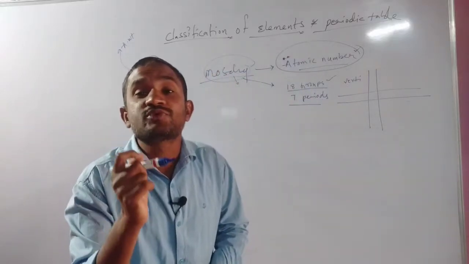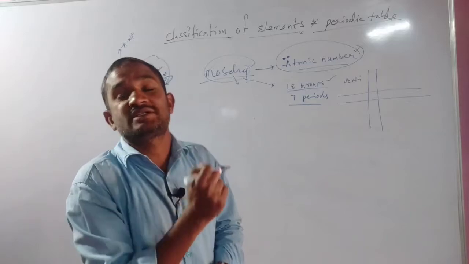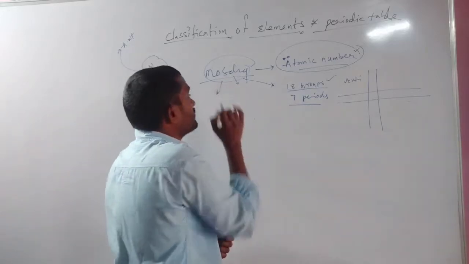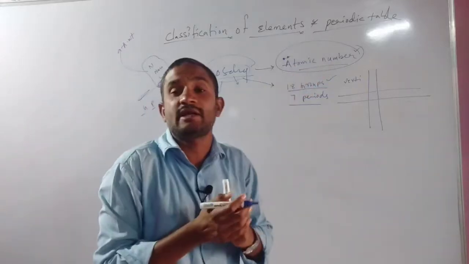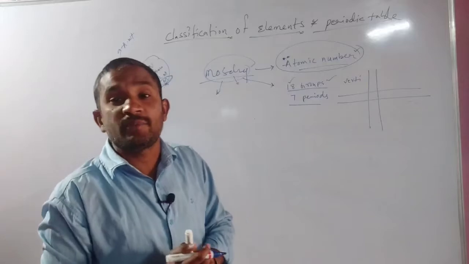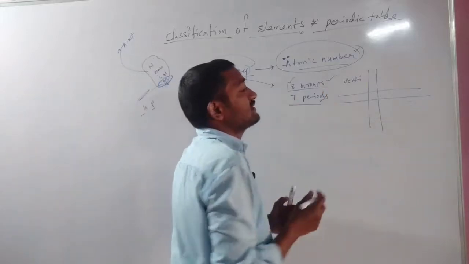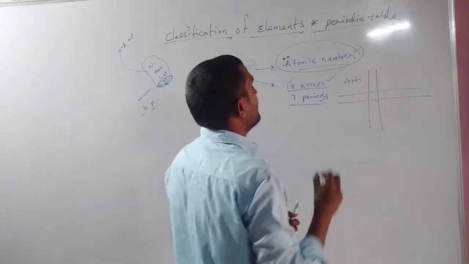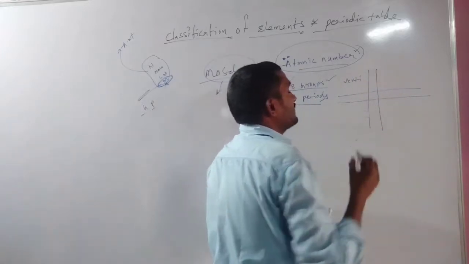How many groups are there in the modern periodic table, classified by Moseley on the basis of atomic number? 18 groups. How many periods? 7 periods. First of all, remember: groups mean vertical columns, periods mean horizontal rows.